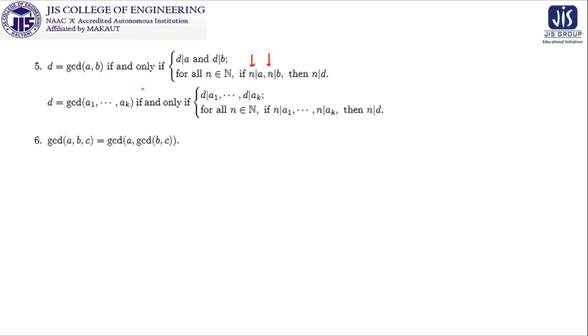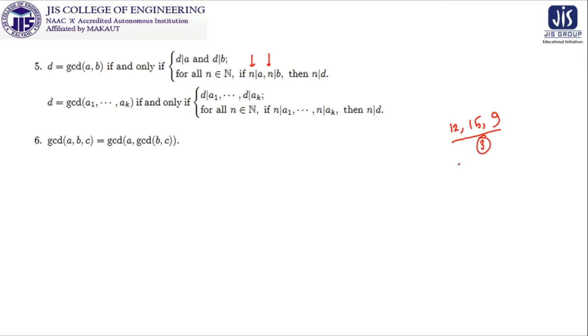Now we are coming to the sixth property. These are important in the applications. Look at this, it tells us that GCD of A comma B comma C is equal to GCD of A comma GCD of B comma C. It means if you have to find the GCD of three numbers, suppose 12, 15 and 9, you know that it will be 3.